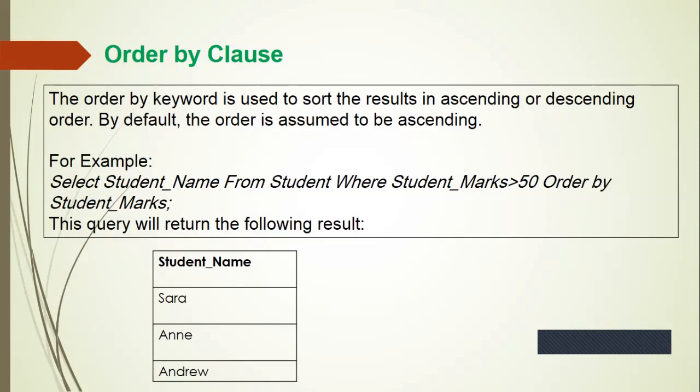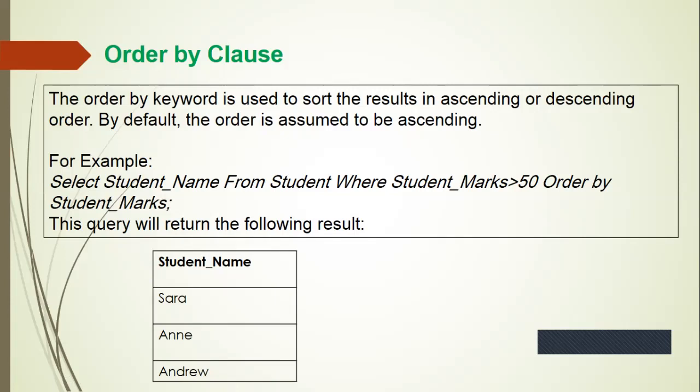Suppose I want to display the names of the students where student marks is greater than 50, ordered by student marks. So what I want to display is only the student name from the table student where student marks is greater than 50.